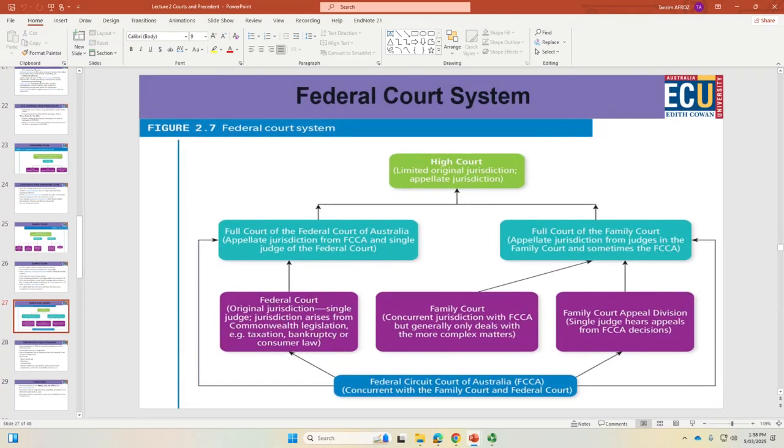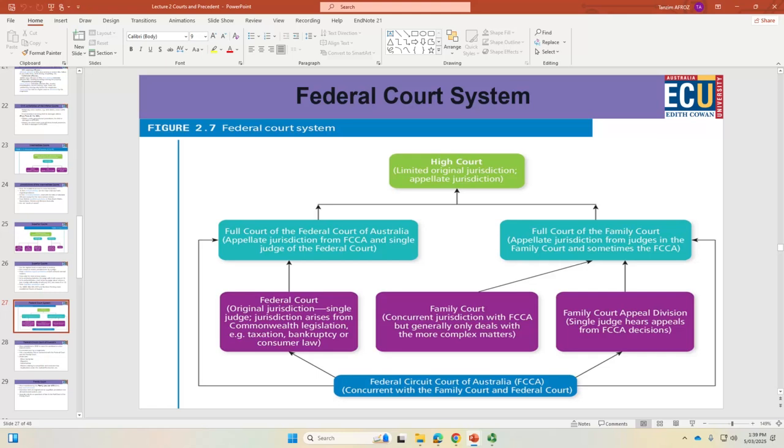My apology that I didn't upload the student version. If you go to your textbook, figure 2.7, you will see that this image is not available. The image that I'm sharing with you now is what is in your latest edition. So my apology if your lecture slide still has this slide.